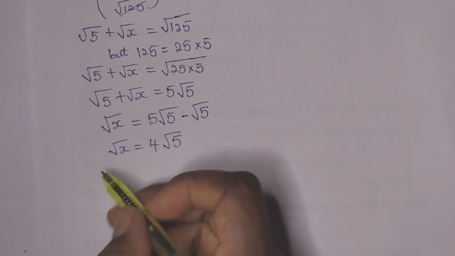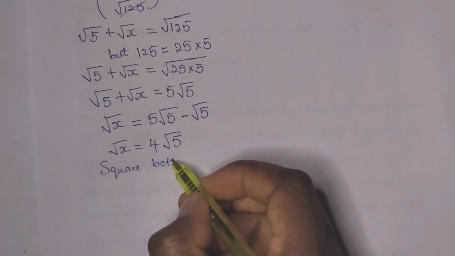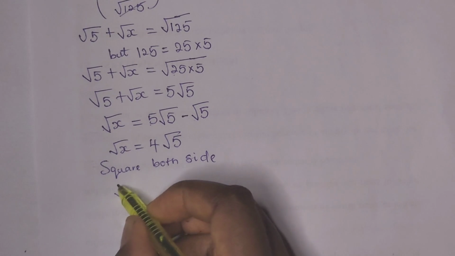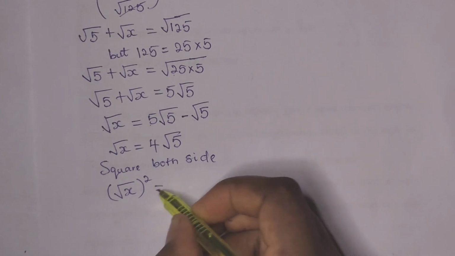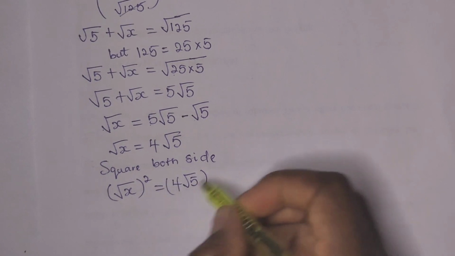So let's square both sides. This will be square root of x all squared equal to 4 root 5 all squared.